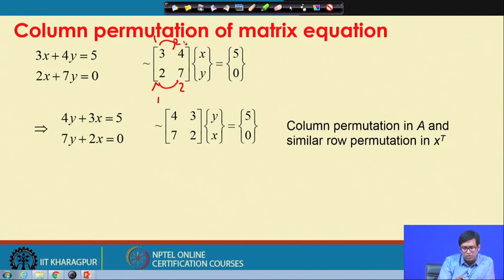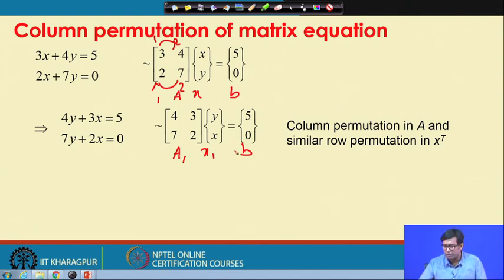So, what happens if we write the expression in a column permuted way, we will see y comes first and x goes later, and the matrix equation becomes 4 7 3 2, which is the column permutation. So, this is A x is equal to b, and this becomes say A1 x1, because the members of the column vector are also permuted, but the b vector remains same.